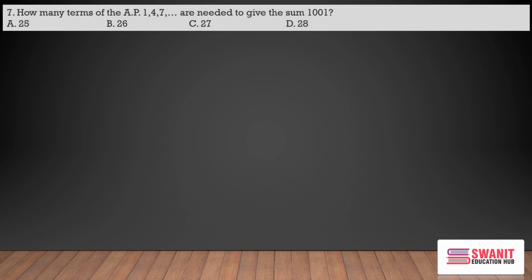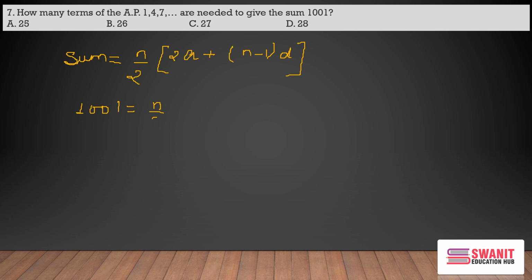How many terms of the AP 1, 4, 7 are needed to give the sum 1001? Now, the sum of an AP formula is very simple, that is n by 2 multiplied by 2 times the first term plus n minus 1 multiplied by the difference between the terms. So when I put the values over here, that is 1001 is equal to n by 2 times twice a, where a is my first number, that is 1 over here, plus n minus 1 multiplied by 3, that is the common difference.